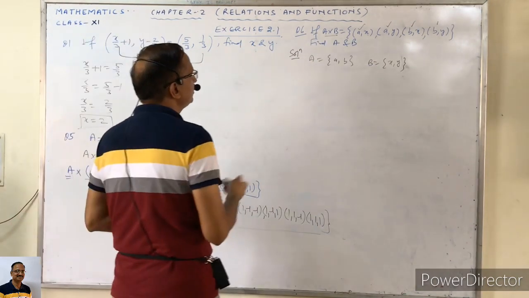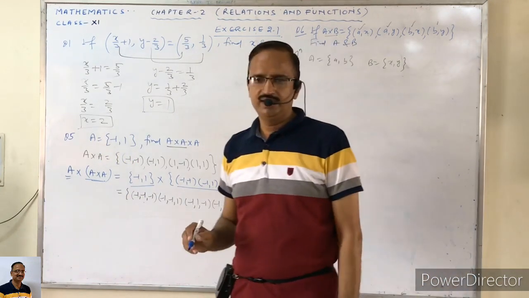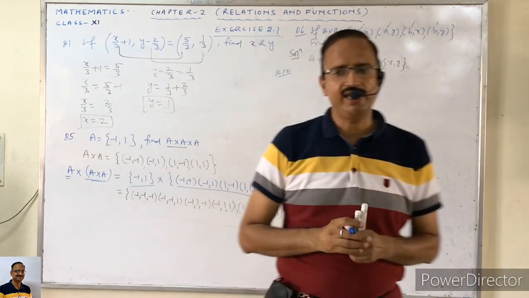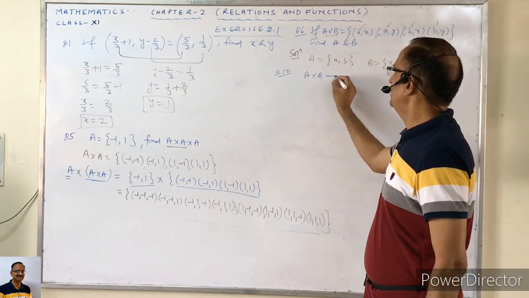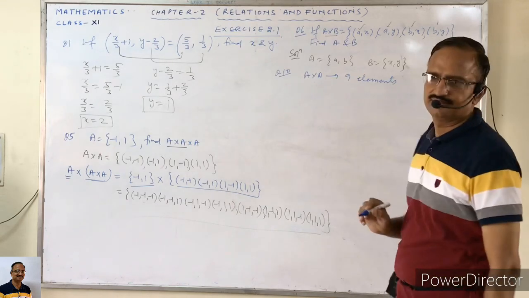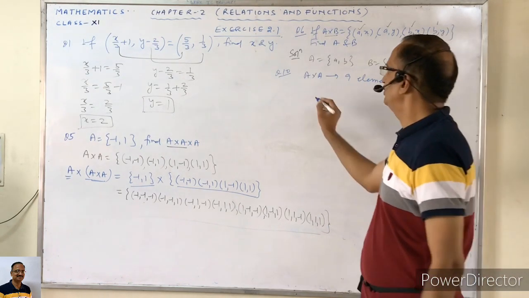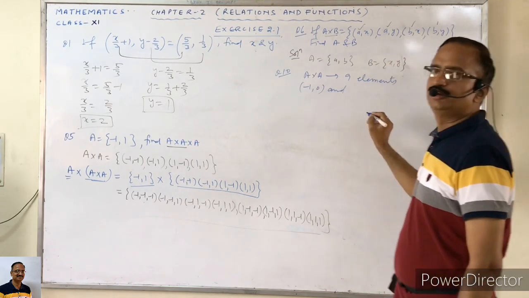Now come to question number 10. In question number 10 we are given that the Cartesian product A cross A has 9 elements, among which are found -1, 0 and 0, 1.